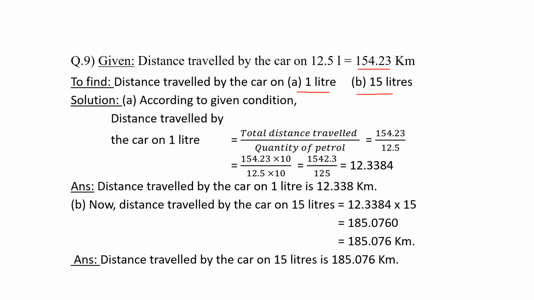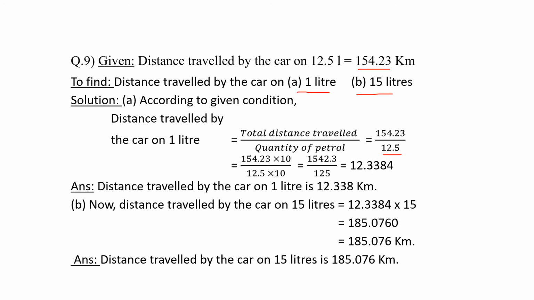So in solution, first we'll solve A. So according to given condition, we first will find out distance traveled by the car on 1 liter. Okay, so that means total distance covered or traveled upon total quantity of petrol, so that you will get the distance traveled by the car on 1 liter. So 154.23 upon 12.5, we'll do that.